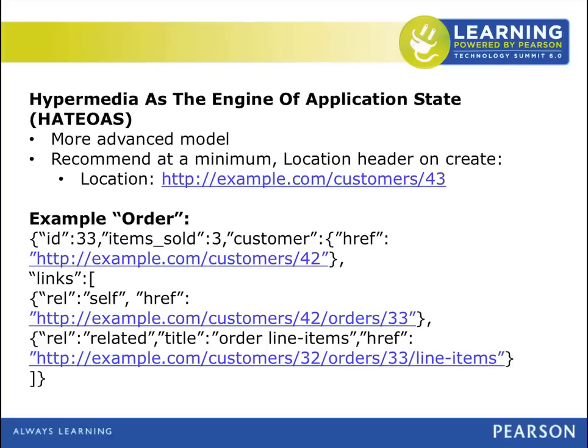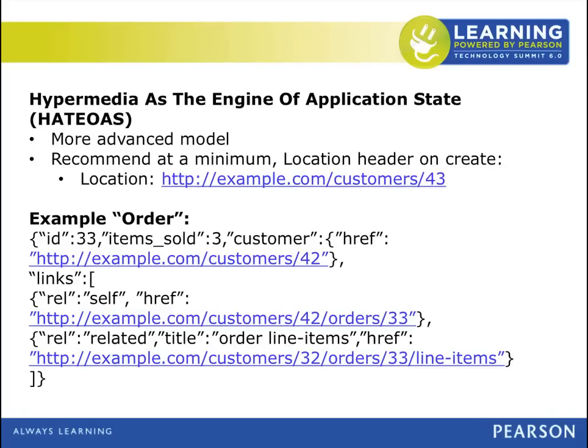So this should be an href with a rel style relation. So ignore this part. The links here, we're using Atom style links. If you're familiar with those, it's basically just a relation type, an href, which is the link, and then you can have a title or a type.